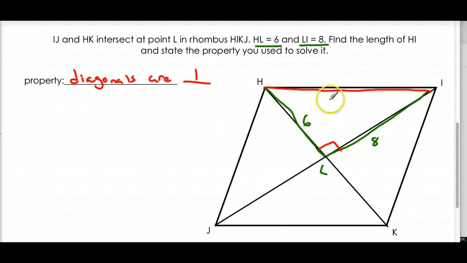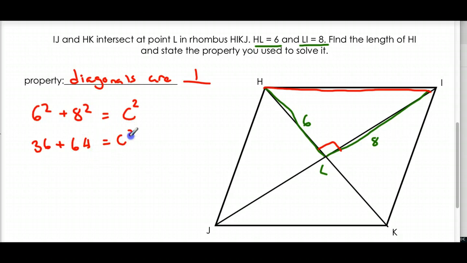Since the hypotenuse is the unknown, we set up 6 squared plus 8 squared is equal to c squared. 6 squared is 36 plus 64 is equal to c squared. 100 is equal to c squared. Take the square root of both sides and we get c is equal to 10.